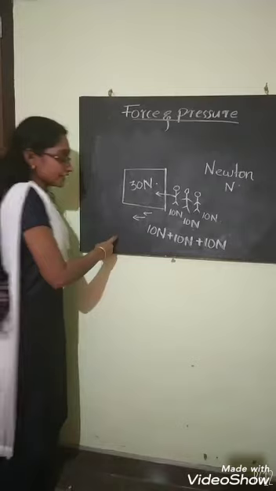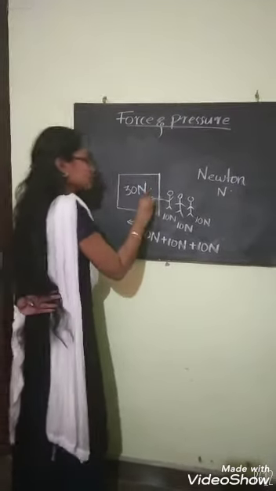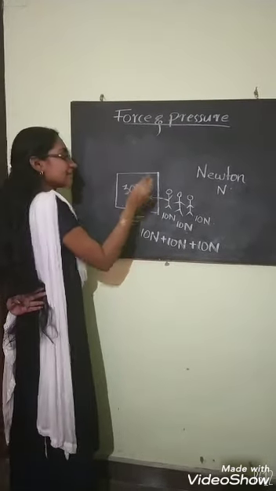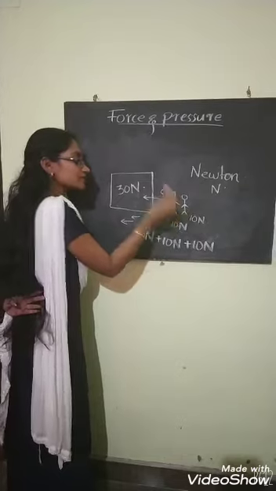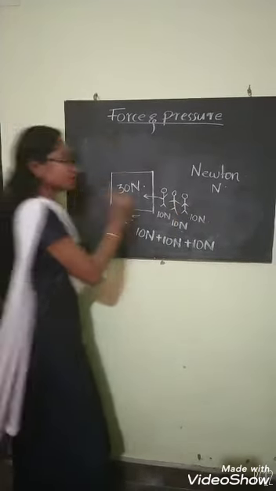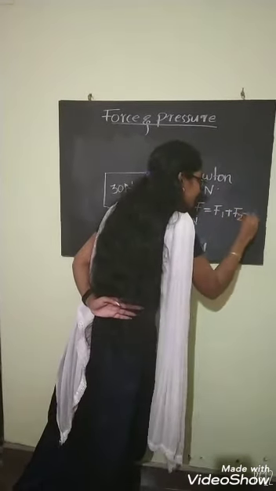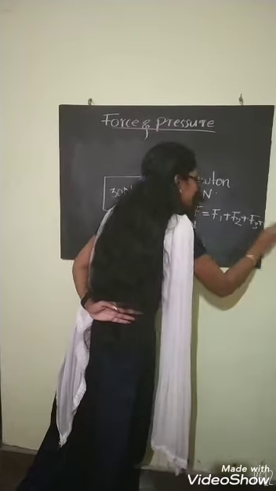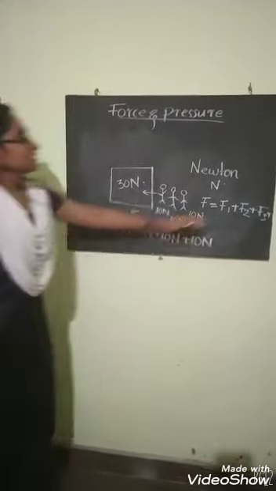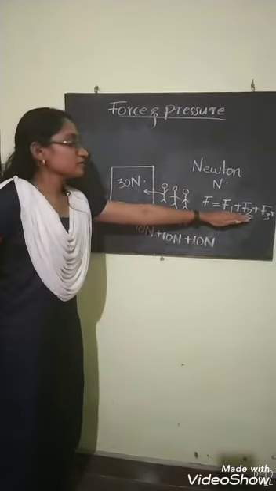So we can conclude that the total force acting on a body is the sum of all the forces acting on that body. That is, F is equal to F1 plus F2 plus F3 plus etc. So this is the first equation.